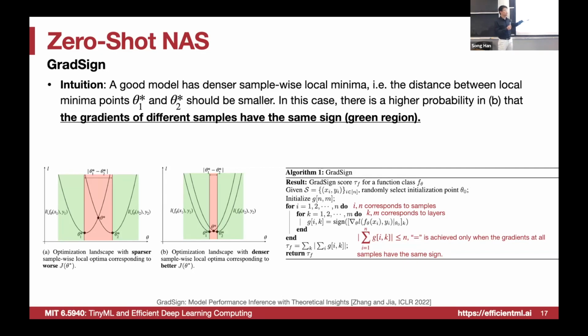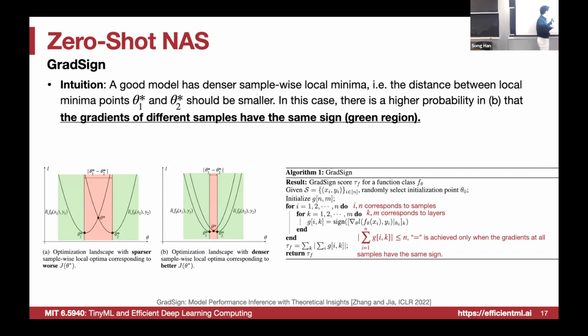Like here, these two local minima are pretty far away. But for this one, the local minima are closer. If that is the case, the gradients of different samples should have the same sign. Like here versus here, you can find that the direction of the gradient is different.